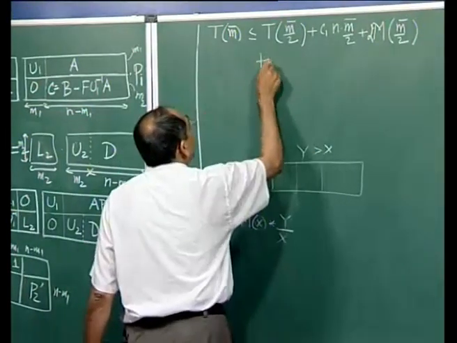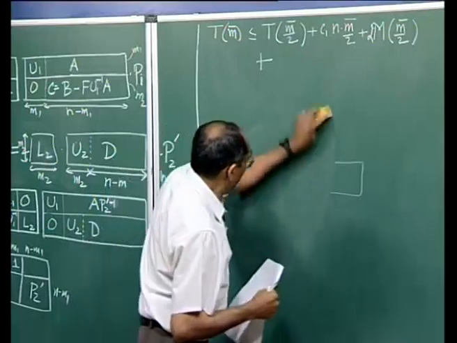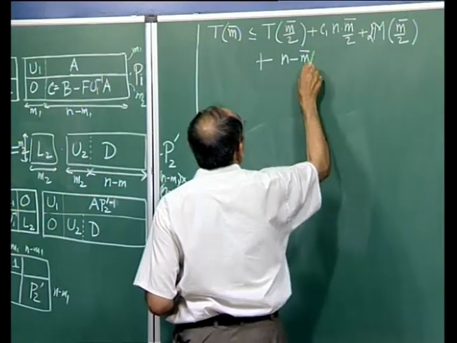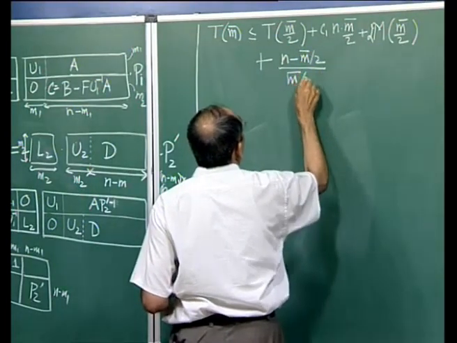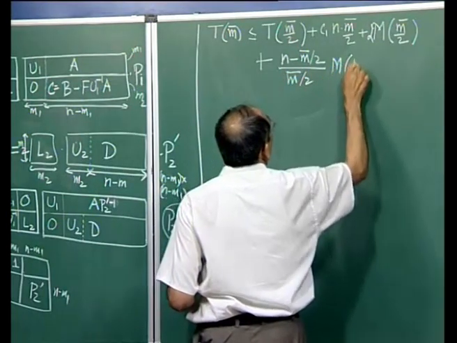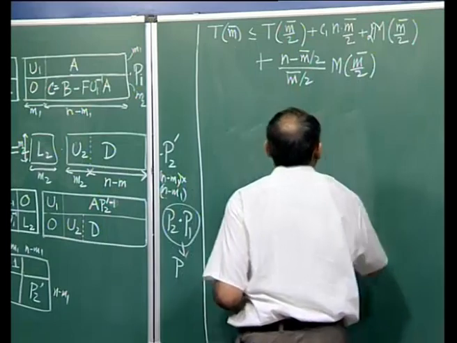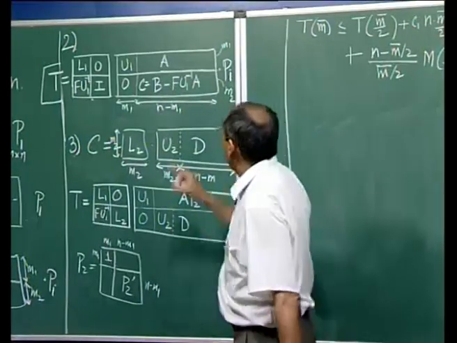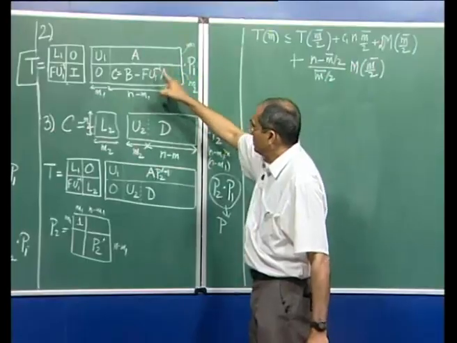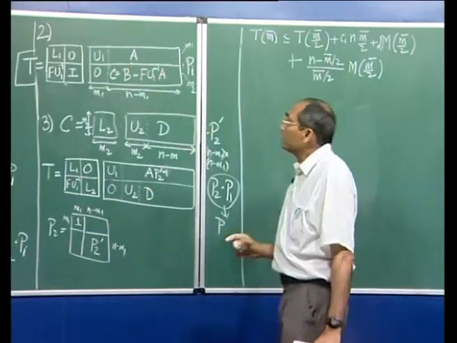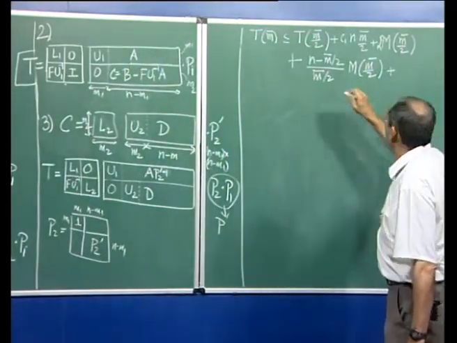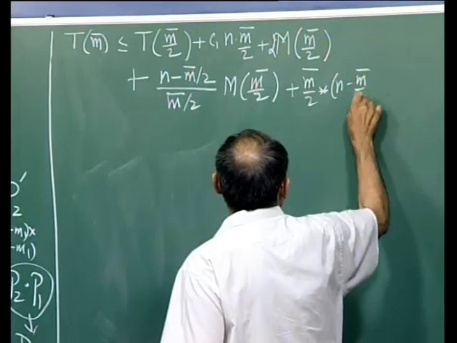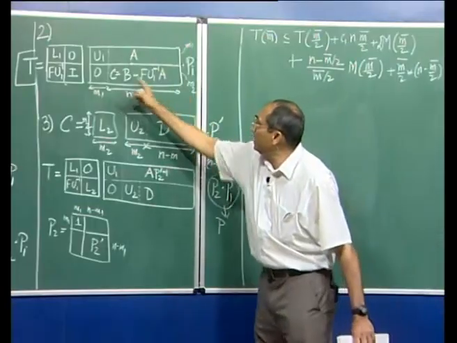So let me just clean up, and we have the cost of (n minus M bar by 2) by (M bar by 2) of M(M bar by 2). That accounts for this multiplication, and then subtraction is 1 unit of work for each entry. So that costs us M bar by 2 into n minus M bar by 2. That many entries are there in this matrix.